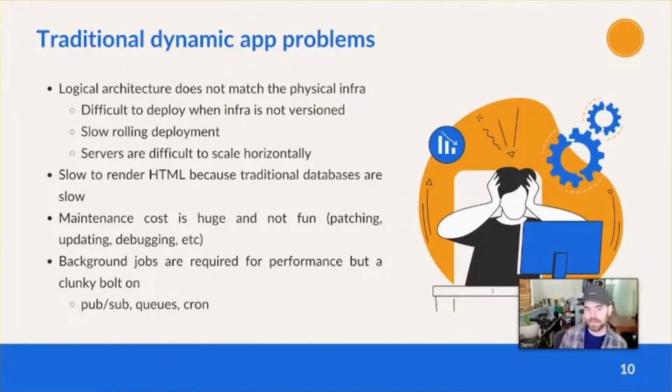Maintenance cost was pretty high, and I mean in terms of dollars and developer hours. Scaling out a traditional 3-tier application can get very spendy very fast. Not to mention all of the developer hours sunk into patching and debugging these things. Last, I think background jobs, which are required to make your application as performant as possible, weren't necessarily first class.